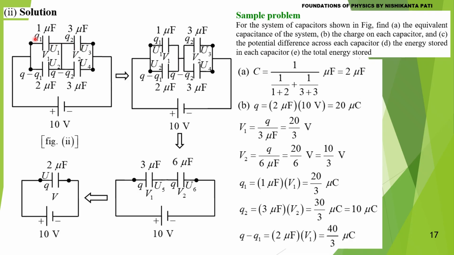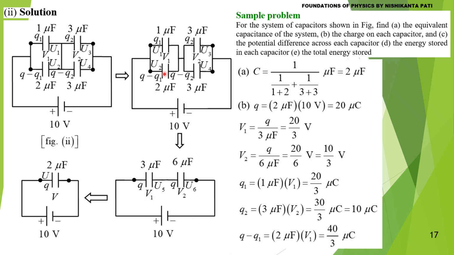Here charge Q1, here Q minus Q1, charge Q2, here Q minus Q2. So this C1 and C2 is equivalent to 3 microfarad, C3, C4, that is equivalent to 6 microfarad.